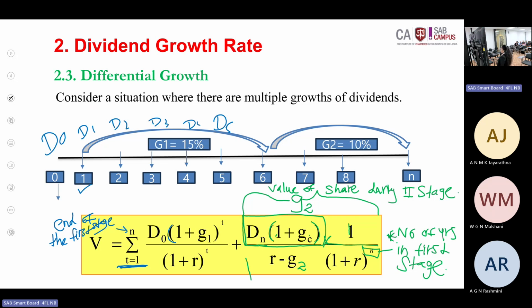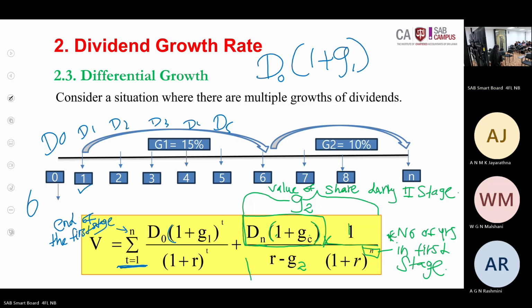Yes. We have D0. How much is it? Not given. Just take it as 6. D0 multiplied by 1 plus growth rate to the power how many years? 6 years?